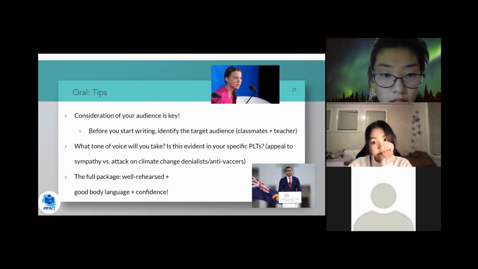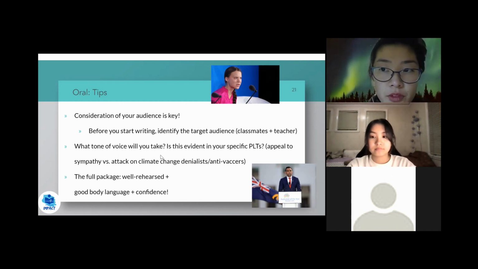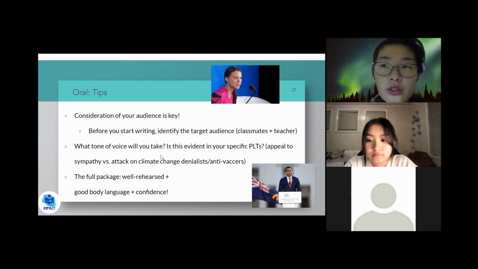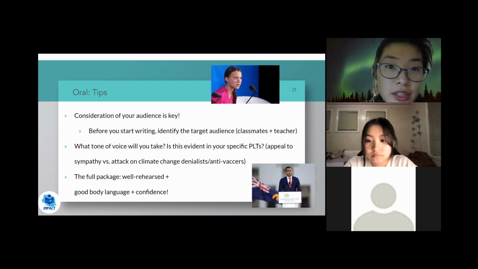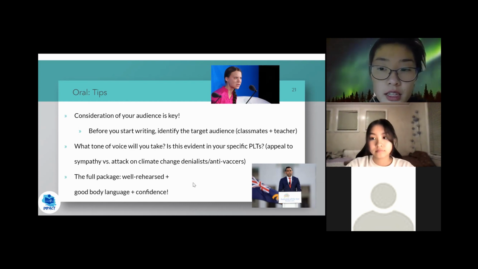And then essentially, as with any oral, it takes a fair bit of practice and rehearsal, and also attention to body language, especially if you're presenting it in person rather than over Zoom this year. So that will put you in good stead.